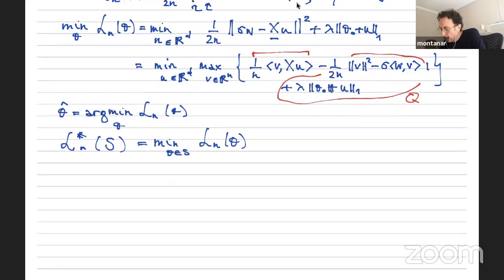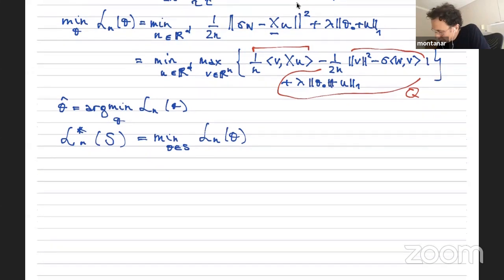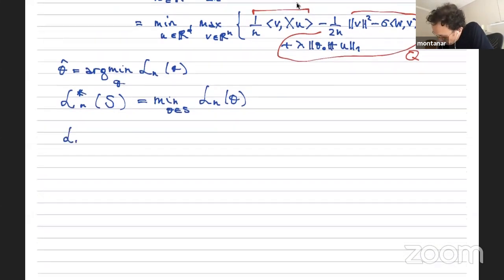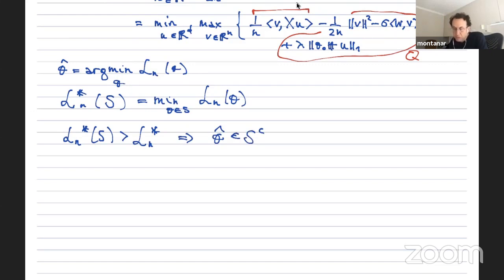And if the limit of L star of S is bigger, strictly, where this is the global minimum, this implies that theta hat is in S complement. So by choosing in the right way the set S, I can show that theta hat is in a certain other set.